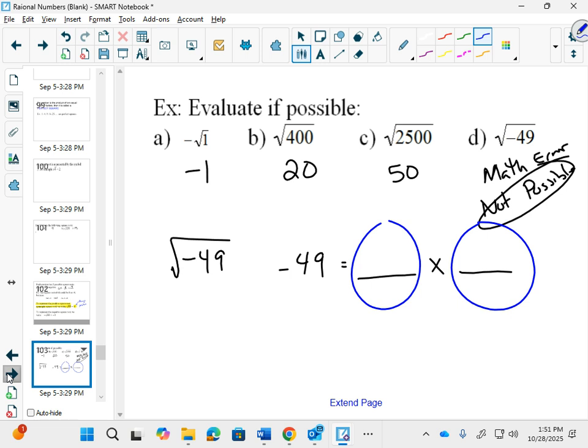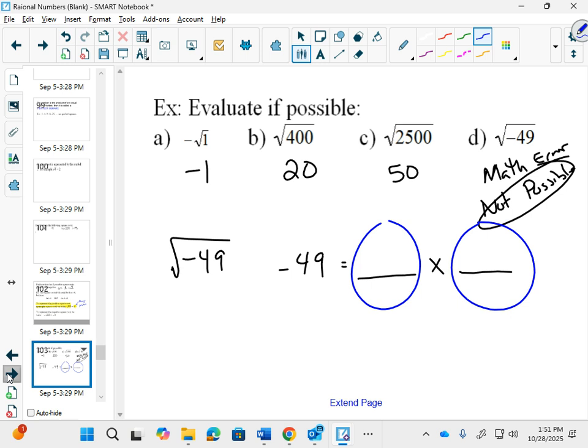If you did 7 times 7, what do you get? Positive 49. What do I want? Negative 49. If you do one negative, but they have to be exactly the same. If you did both of them negative, it'd be positive again. 2 positives. So anytime you have a square root of a negative, there are some things in mathematics that are not allowed. Square rooting negative numbers is not allowed.